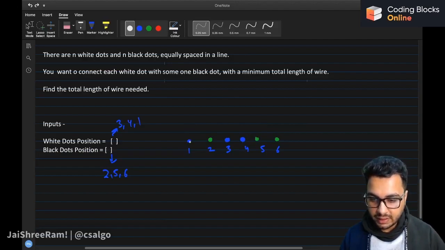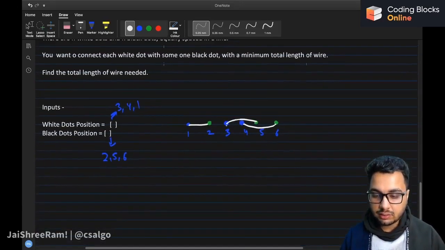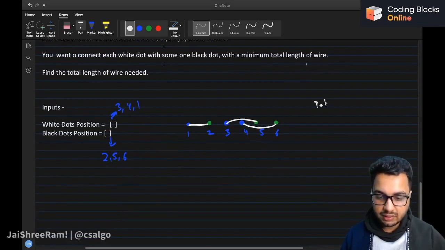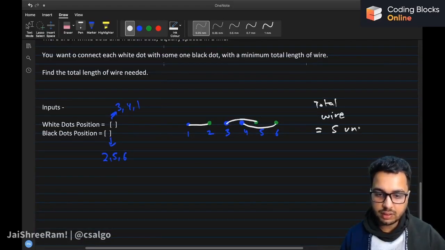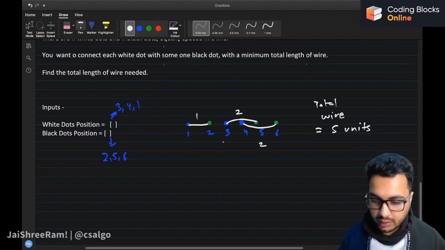Let me connect this one with this, and this one with this, and this one with this. So this is another way of connecting these dots, and as you can see, the total wire needed is 1 plus 2 plus 2, that is 5 units.